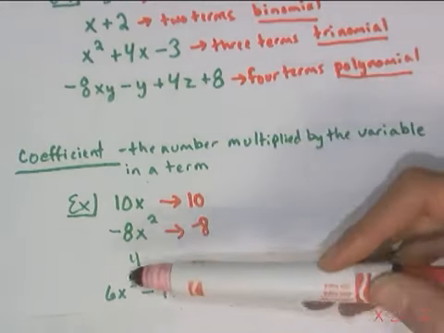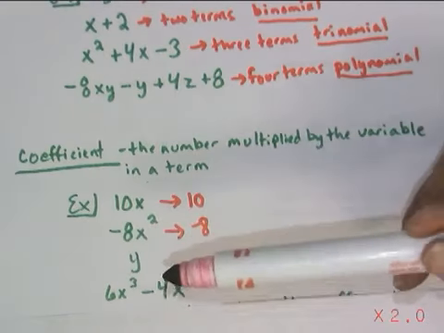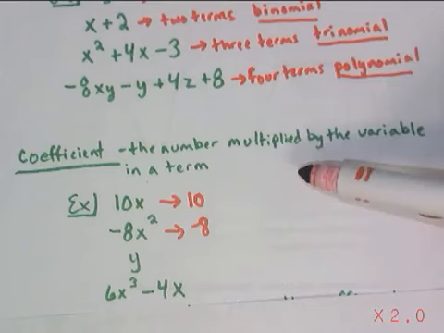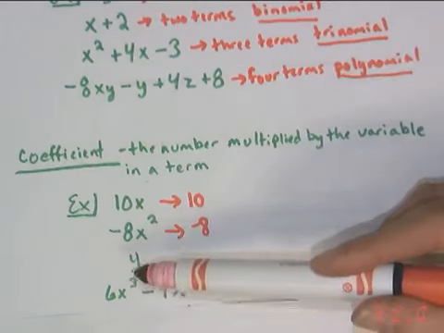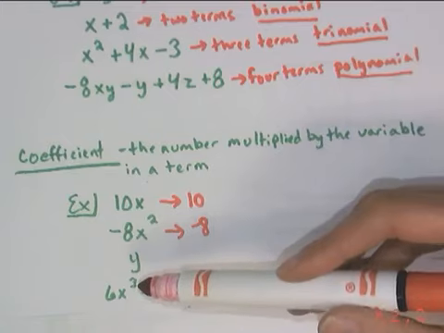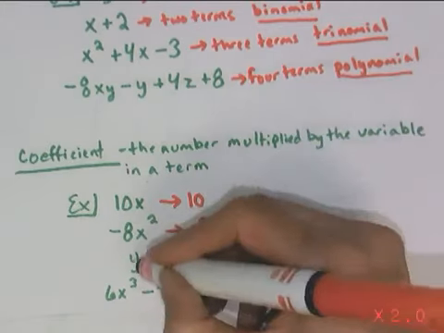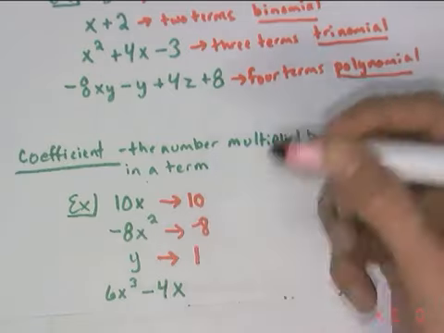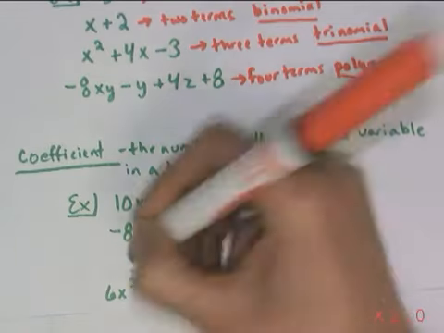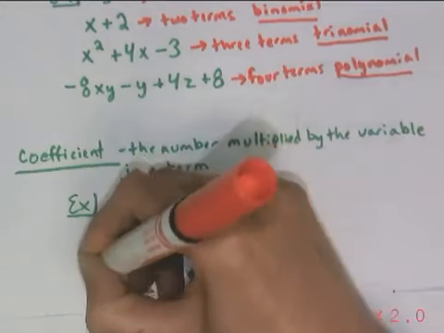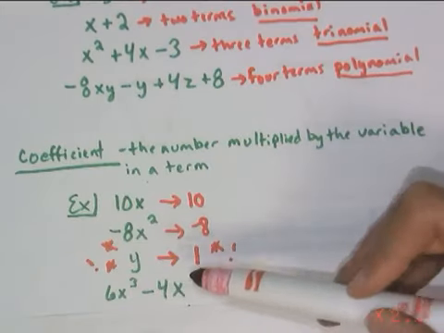This term is also a monomial, but we have to ask ourselves what number is being multiplied by the variable. And if there's nothing there, really we're going to treat this as 1. So the coefficient of this y is 1. And I would put some stars by that. I would put some exclamation points by that, because that's one you have to remember.